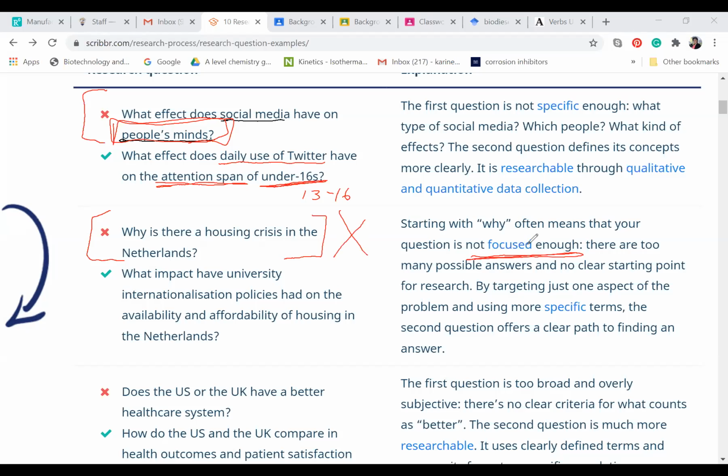Now, how do we focus it? These people are looking at what impact have university internationalization policies had on the availability and affordability of housing in Netherlands.